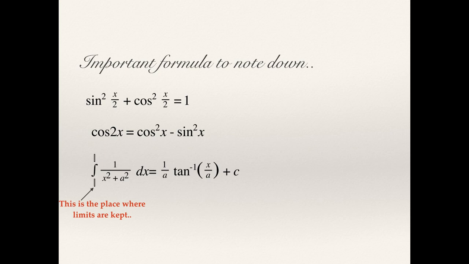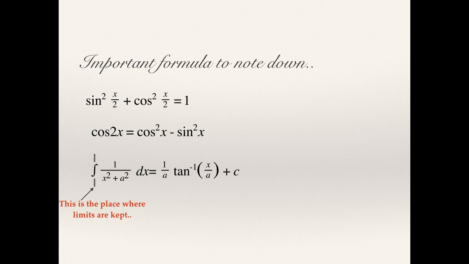This solution needs some basic understanding of trigonometric functions. You might have studied the sine and cosine laws, or the Pythagorean theorem, which states that sine squared theta plus cos squared theta is equal to 1. If you look at that formula and compare it with the first one, which is sine squared x by 2 plus cos squared x by 2 is equal to 1, you might be thinking how it came.